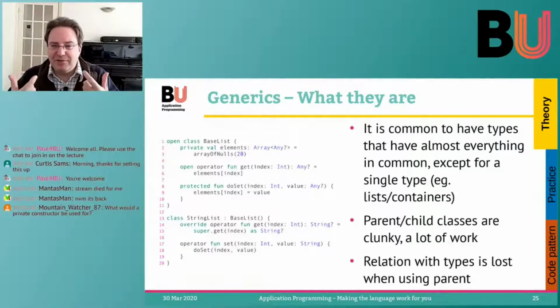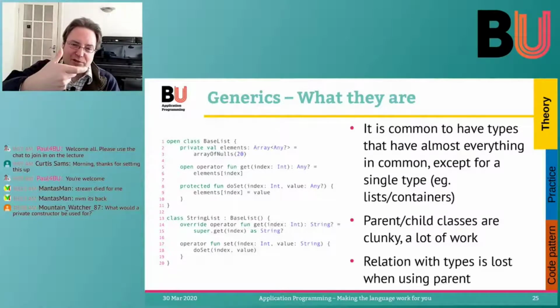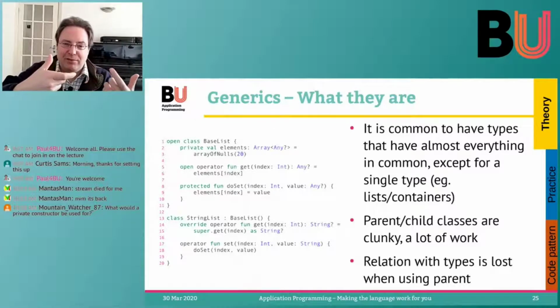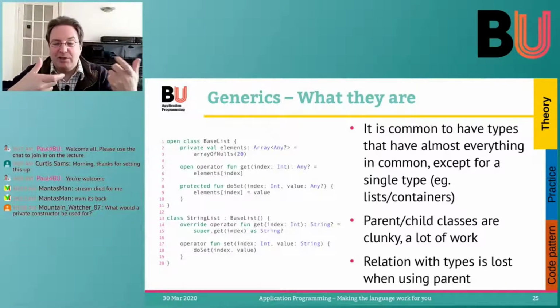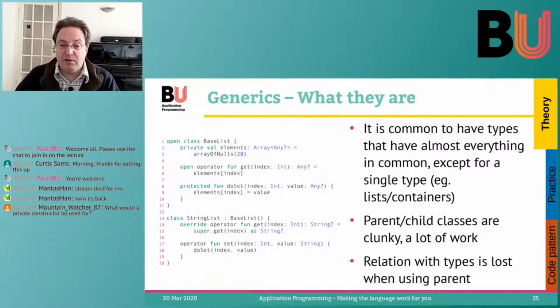They are different things. Integers are not strings and strings are not integers. So you can't assign a list of strings to a field or a variable that expects a list of integers, or the other way around. And when we look at setting values, it becomes even more challenging. So basically that's what generics are about.